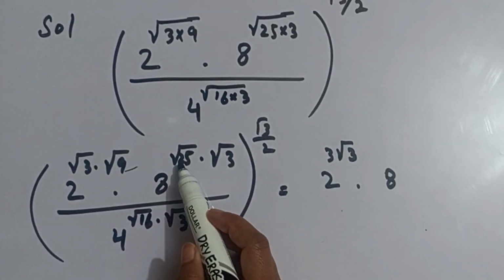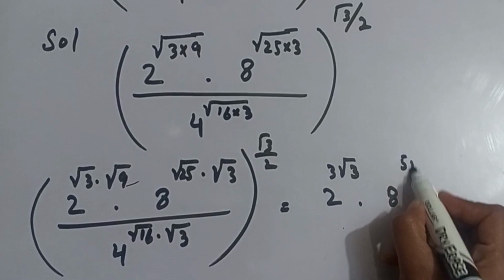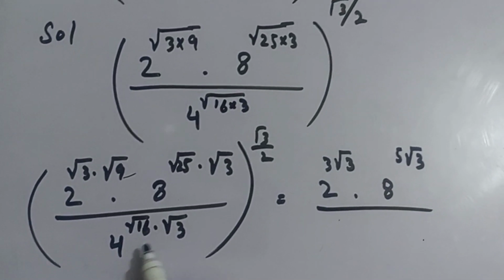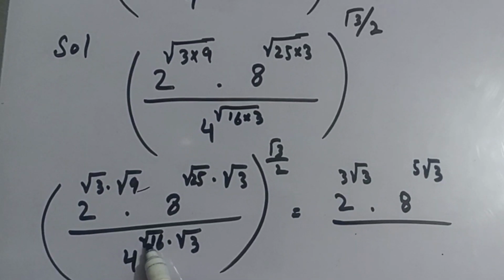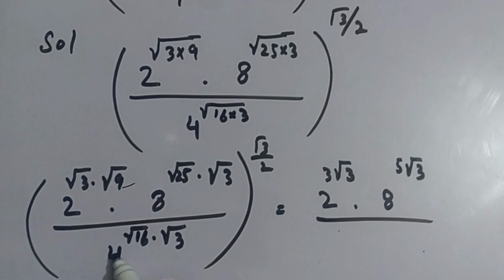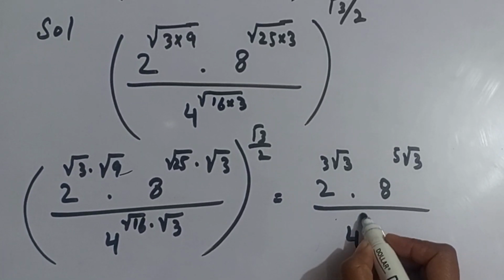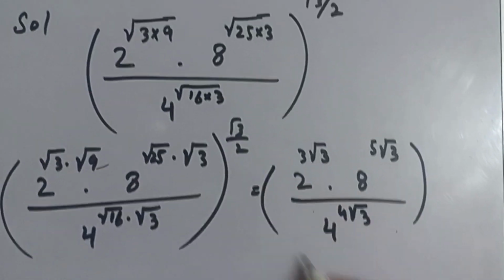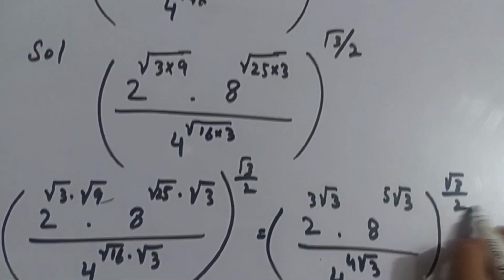Square root 25 is equal to 5, so we write this as 5 times square root 3. Look at the denominator. This is square root 16, and we know that square root 16 is 4, so we write this value as 4 raised to the power 4 times square root 3, and its again power is square root 3 over 2.